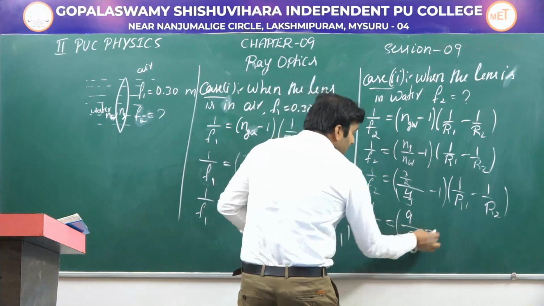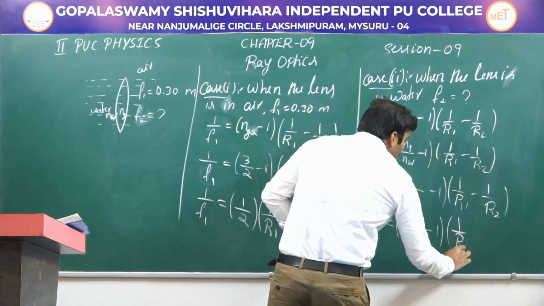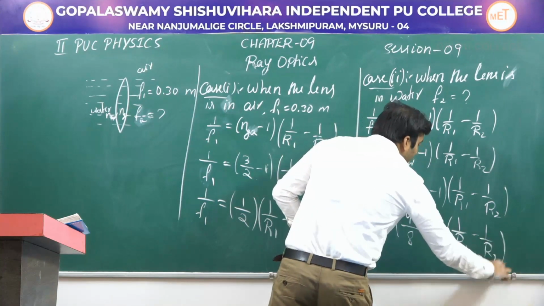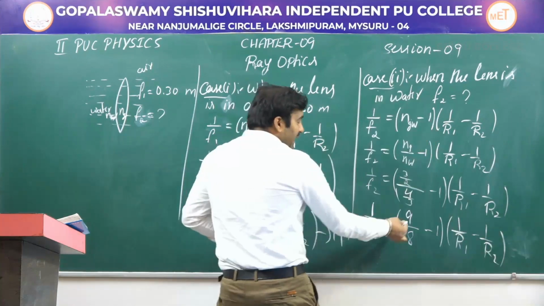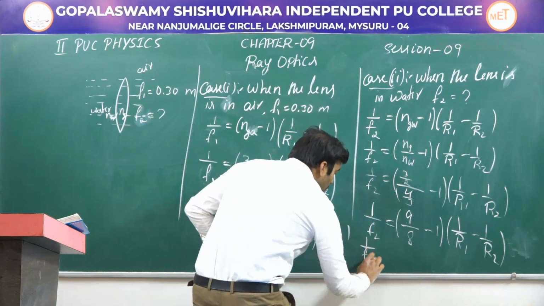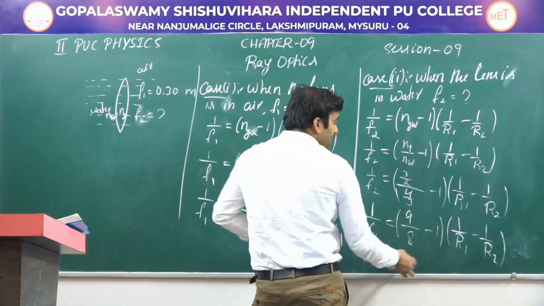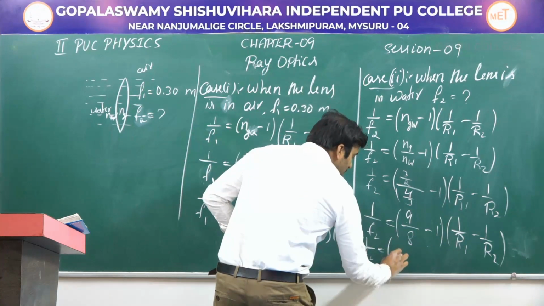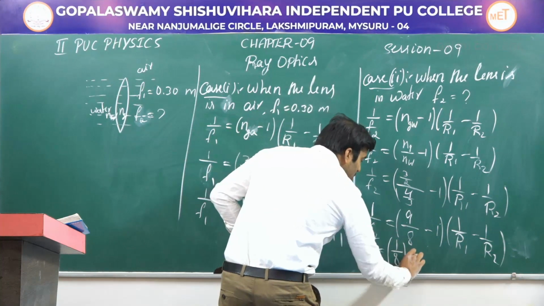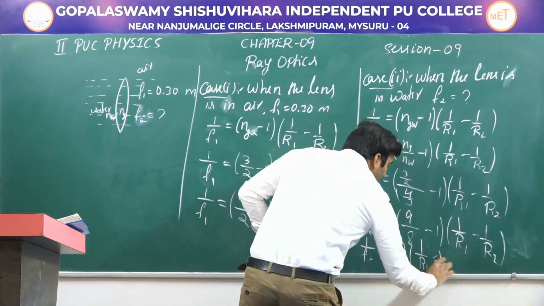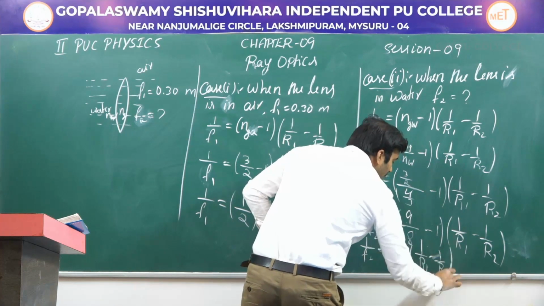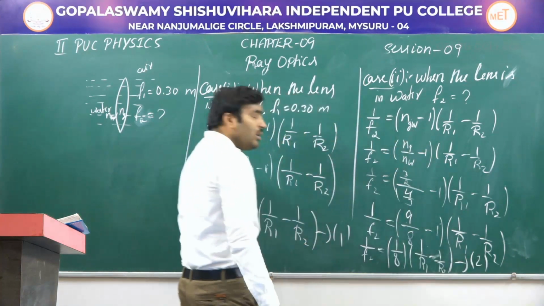So this will be (9 by 8 minus 1) into (1 by r1 minus 1 by r2). Taking the LCM, 1 by f2 equals (9 minus 8) by 8, which is equal to 1 by 8 into (1 by r1 minus 1 by r2). Take this as equation number 2.